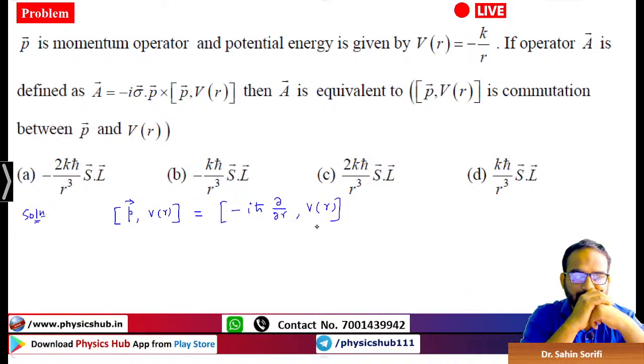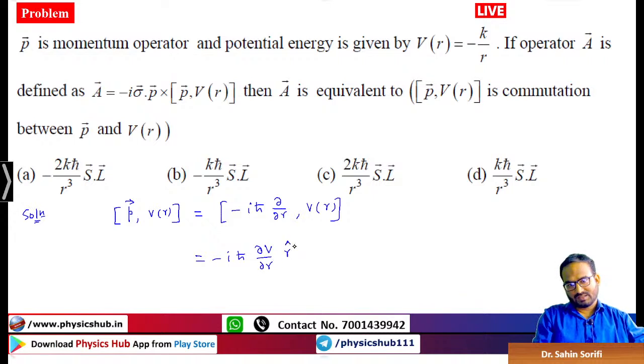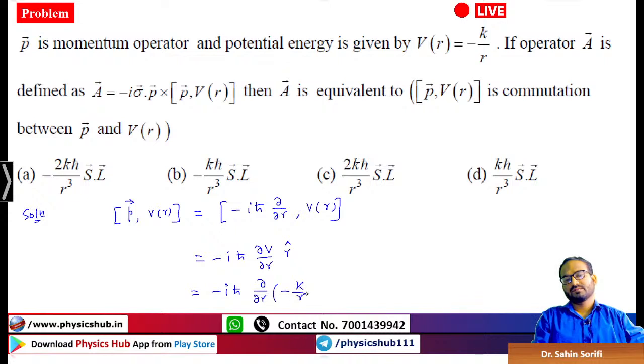So you have to simplify a little bit. If you simplify, this will give you minus iħ del V by del r r cap. So this is minus iħ del by del r of minus k by r, r cap.